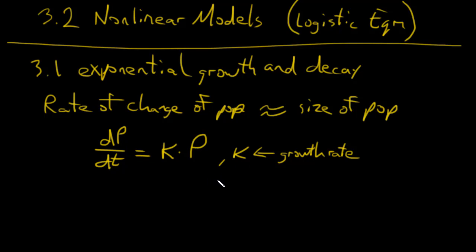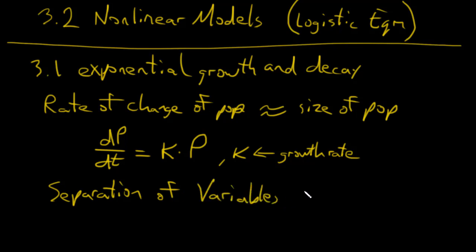With this model, it makes sense that the rate of change is equal to the amount of population times some growth rate. And the way that we solve that is that we use separation of variables. So separation of variables, here we come. We need to solve for our P, and then we'll have a nice expression we can use.